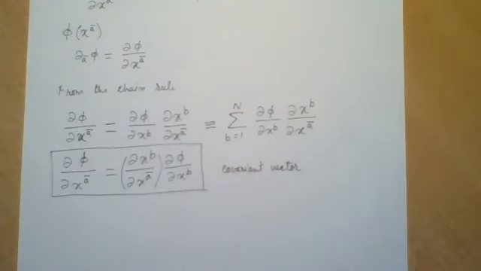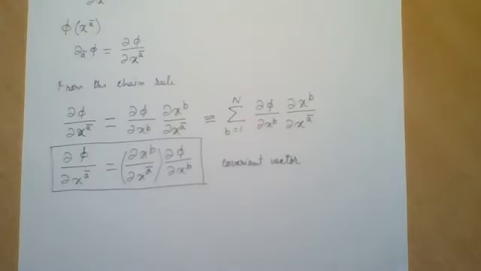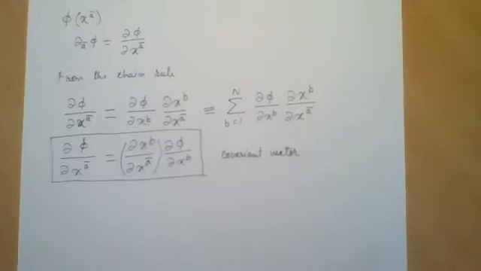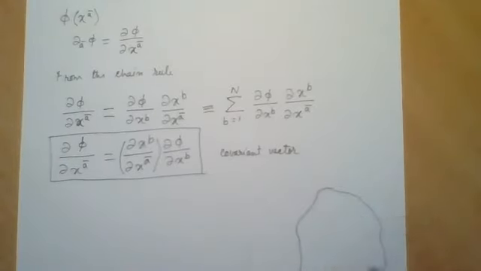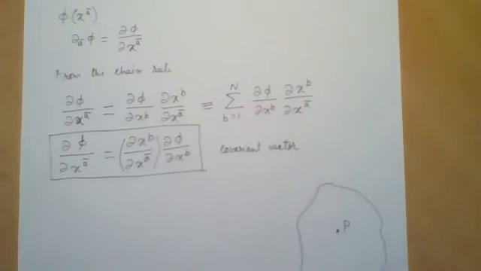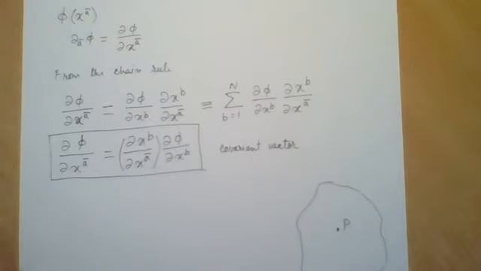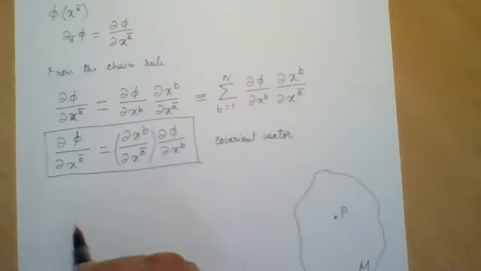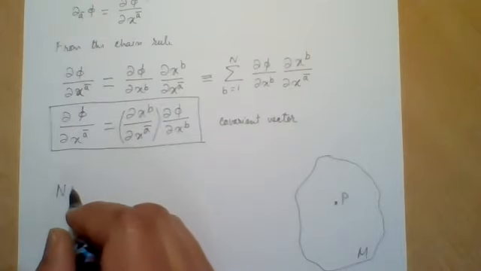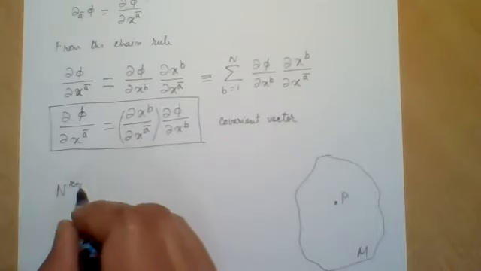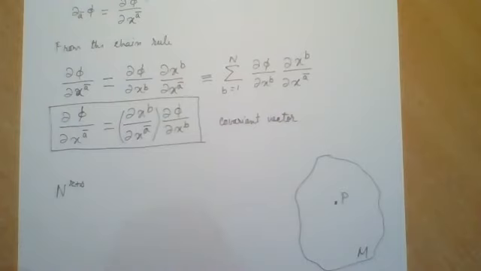Suppose that at the point P of the manifold M, let us draw the manifold M again, we have n to the power r plus s associated quantities. So at point P there is an object with n to the power r plus s components.